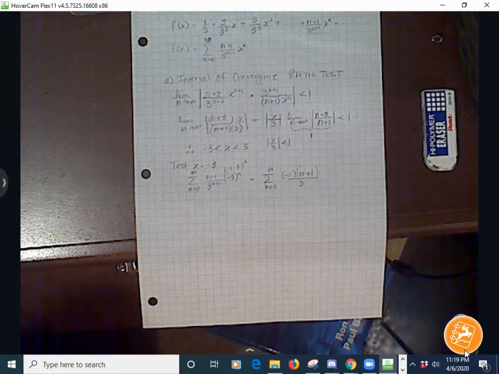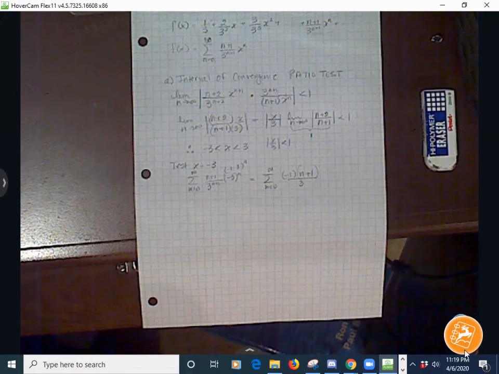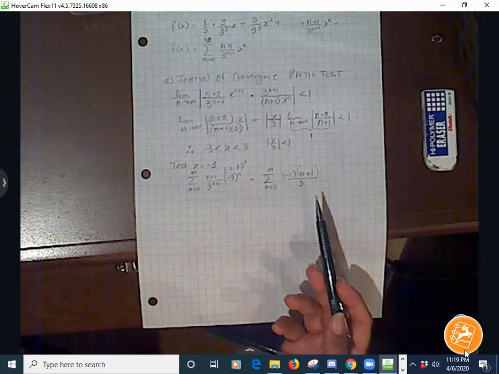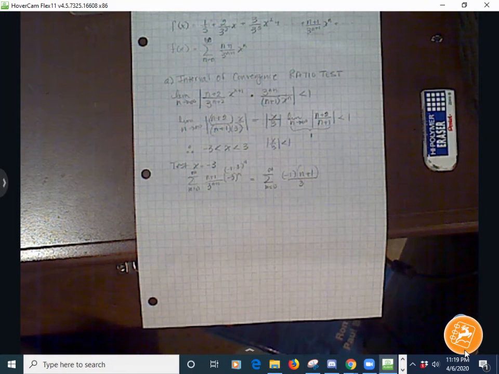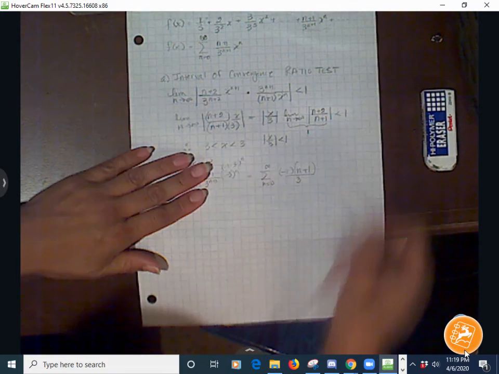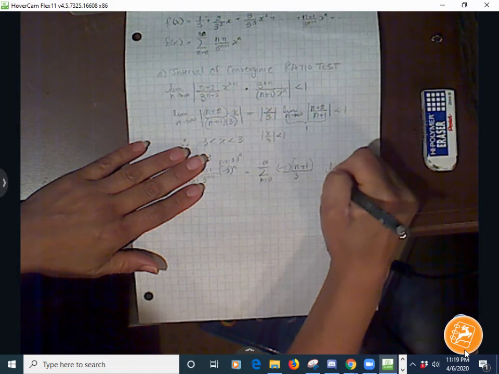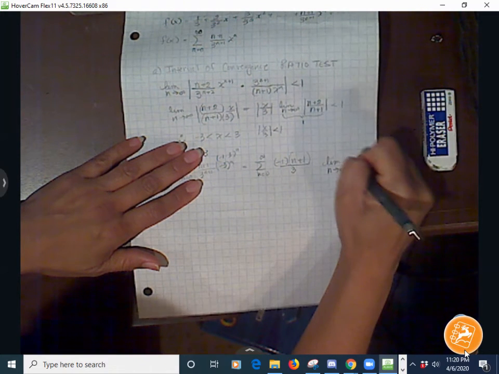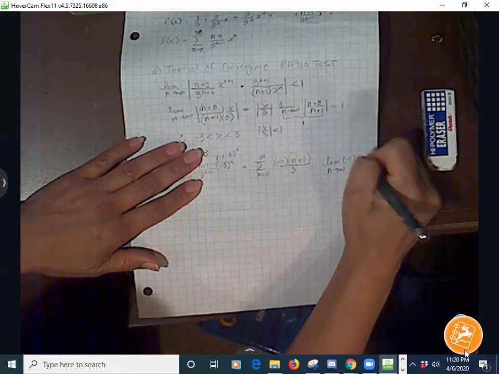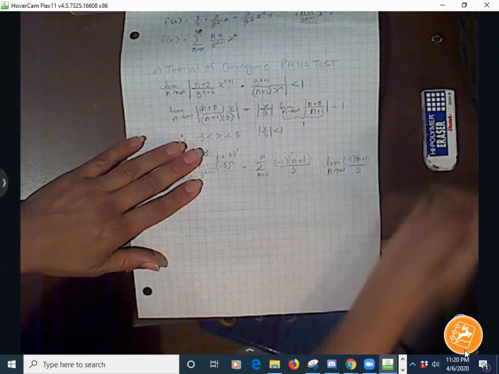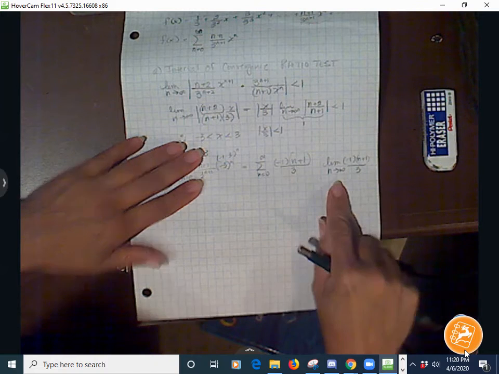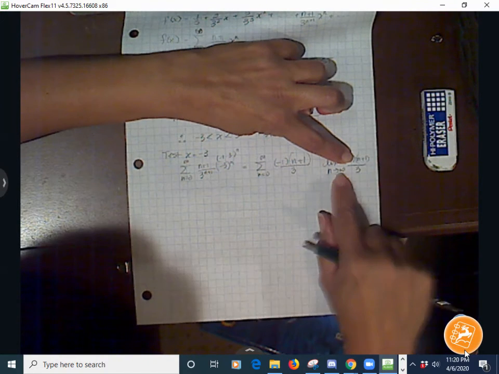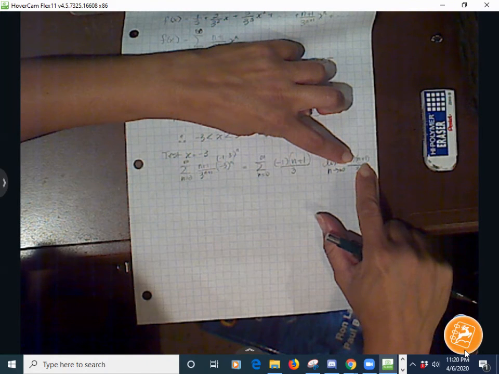So if we think about all our various tests, the one that jumps out to me right now would be our nth term test for divergence. Because if I take the limit as n goes to infinity of my nth term, negative 1, n plus 1 over 3, well, first off, even if I ignore that negative 1, my n plus 1 is in the numerator.